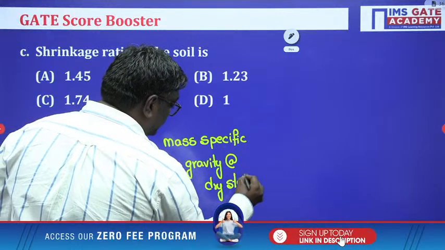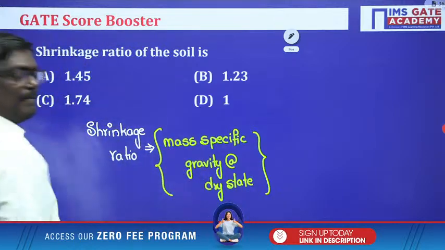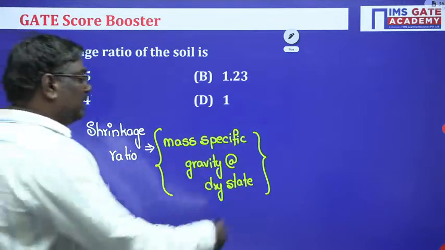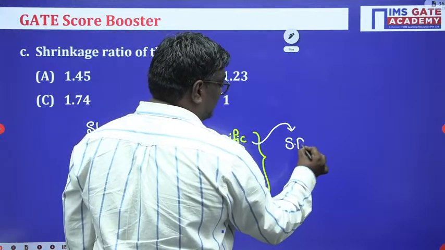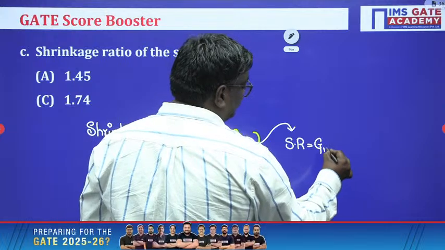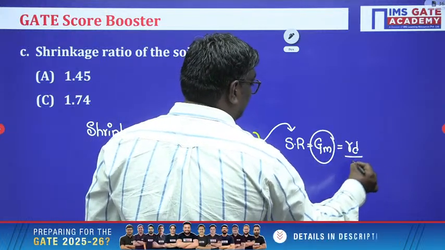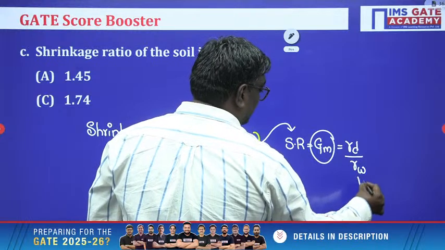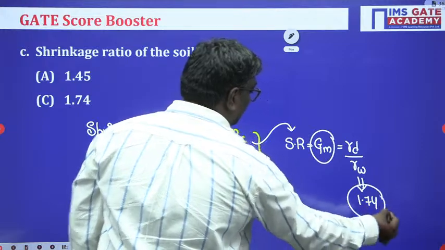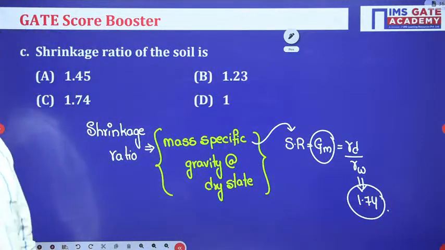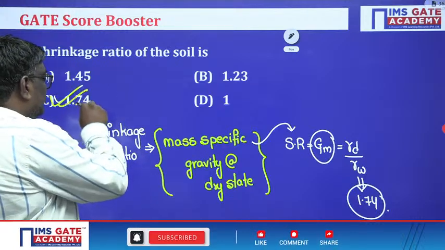So here the shrinkage ratio can be taken as GM, gamma D by gamma W, which is equal to 1.74 directly. Yes or no? They have given the answer directly in the question itself. So option C is the right answer.